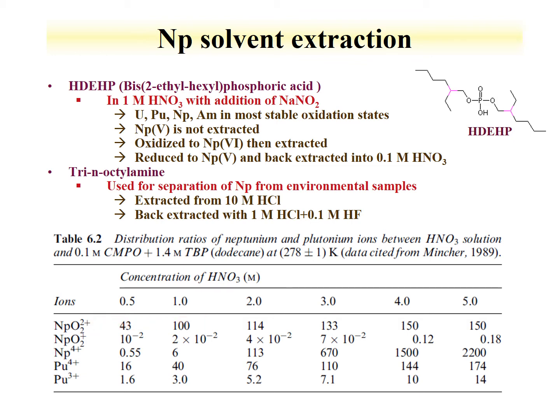If we examine a system such as 1 molar nitric acid, this mixture of CMPO and tributyl phosphate has a very high extraction for neptunium-6, extremely low for neptunium-5, and above 1 for neptunium-4. So here's a clear example of how the neptunium oxidation state will vary the extraction behavior as a function of acid concentration.